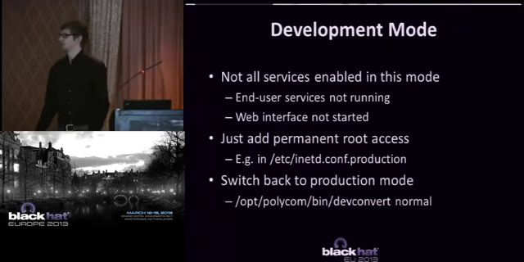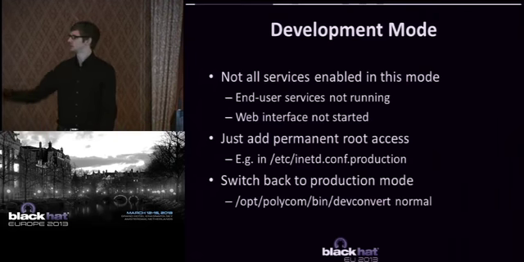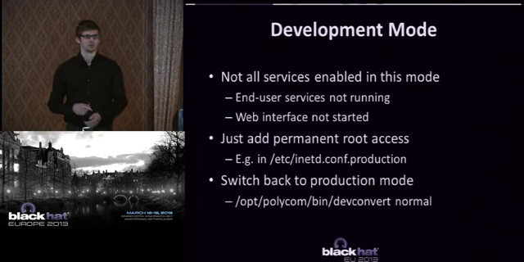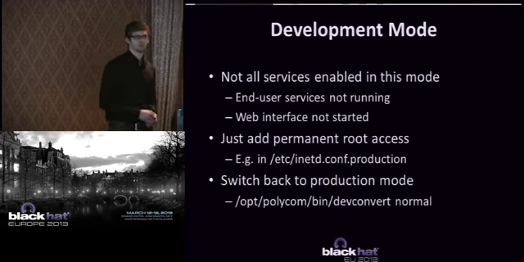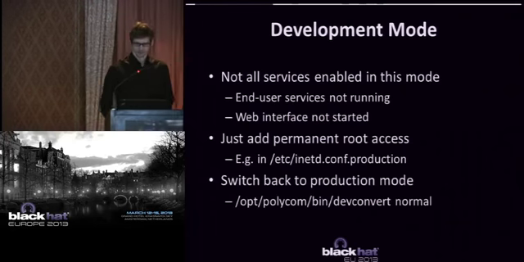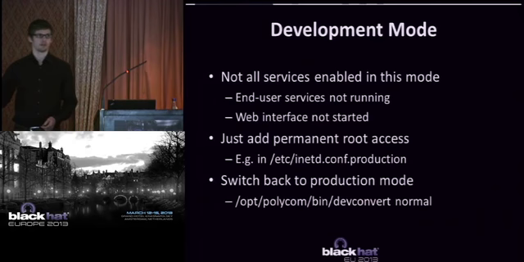Actually, to switch back to production mode, there's a convenient script lying on the device, called devconvert. So you just call devconvert normal, and the device will automatically reboot and boot in production mode again. And this script can also be used the other way around.